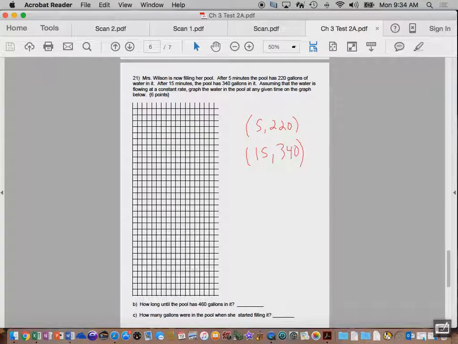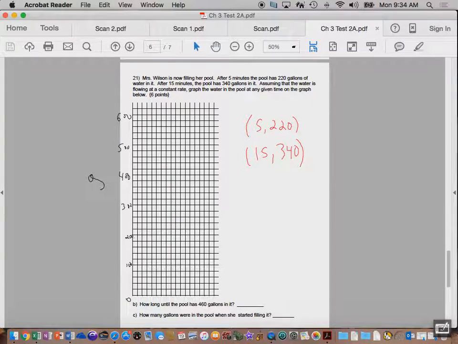So let's set up the scale here. I've got to get up by 300, so 400 or 500 even. So 20, 40, 60, 80, 100, 20, 40, 60, 80, 200, and so on up to 600.